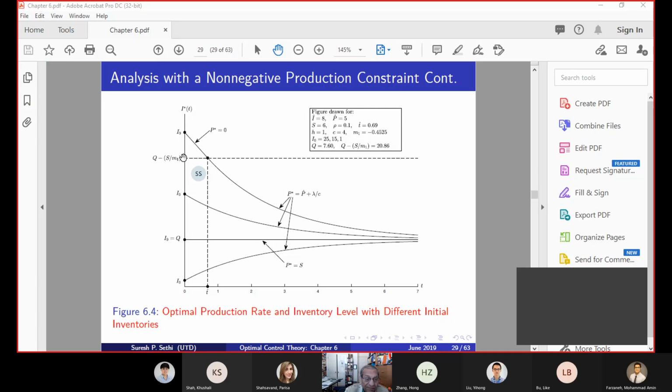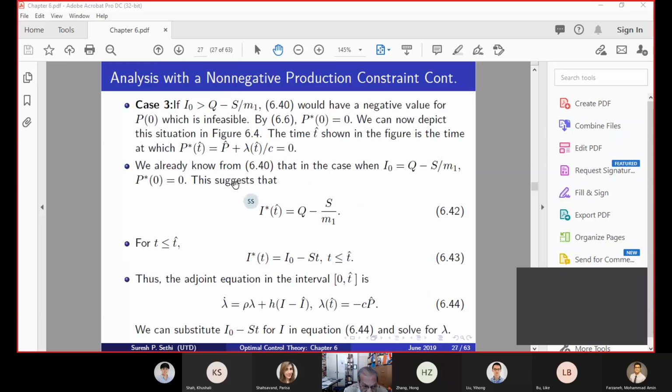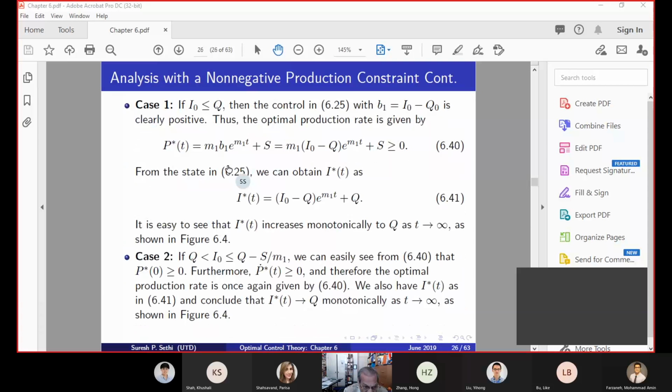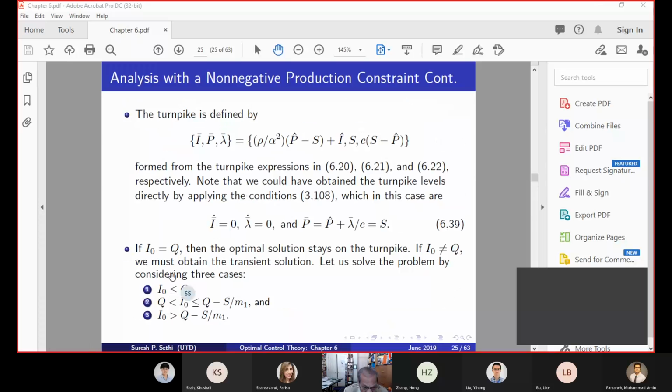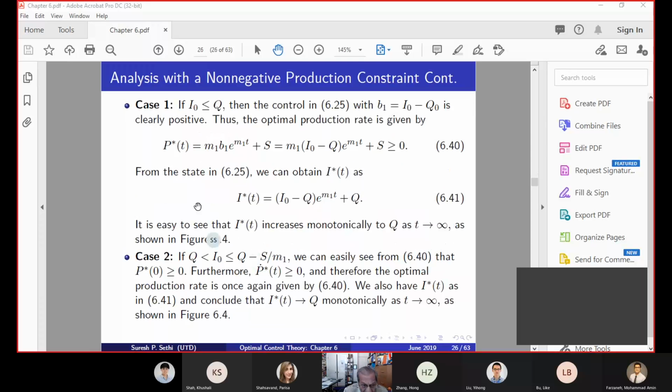So what I'm trying to say is that at t hat I can call this time 0, and if I call this time 0, then that solution is the solution from here. I can simply shift that solution which I obtained in case 2. So in case 2, I obtained this solution. You'll see a little bit later. So case 2 is this case, and I obtained the solution in case 2.